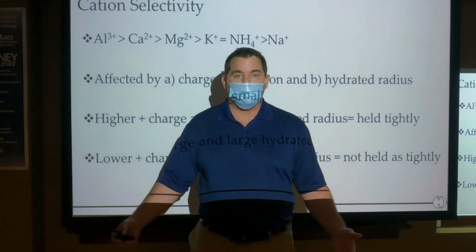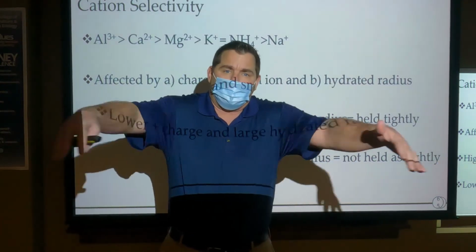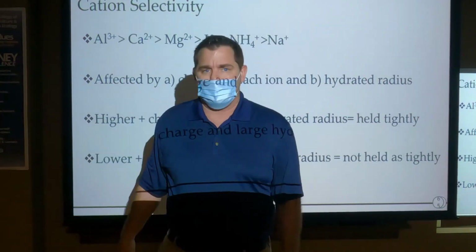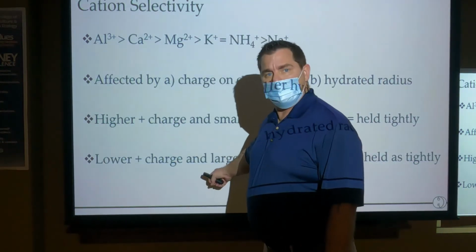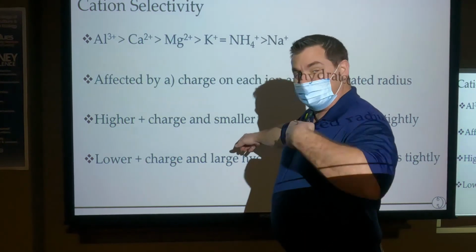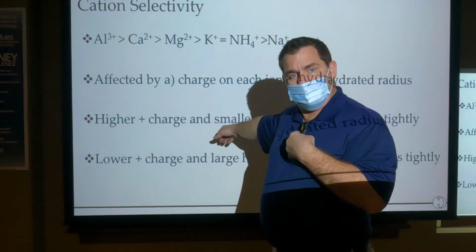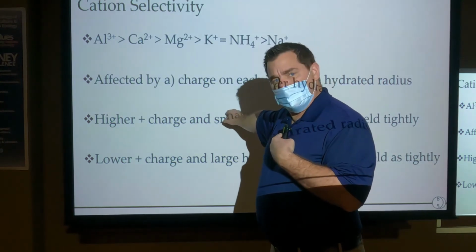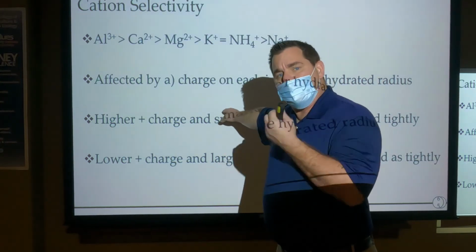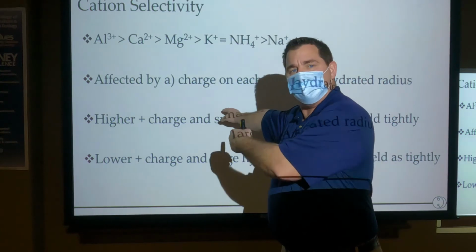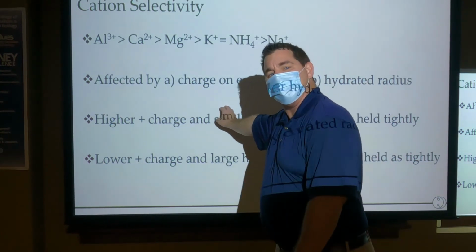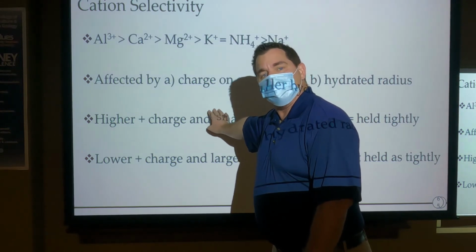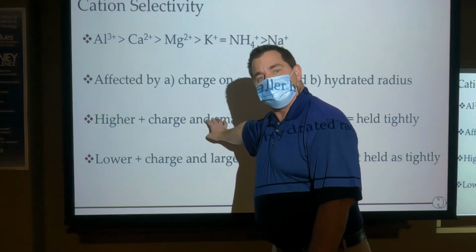But if we had sodium, which is a +1 that has a very large hydrated radius, you can think about this like a very big hula hoop, and the charge between the center of the sodium ion and this large radius that has a lot of water in between it, the sodium can't really adsorb over, so it's just kind of attracted, almost barely touching the outer edge of that clay layer.